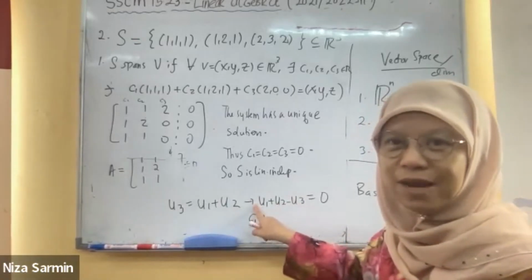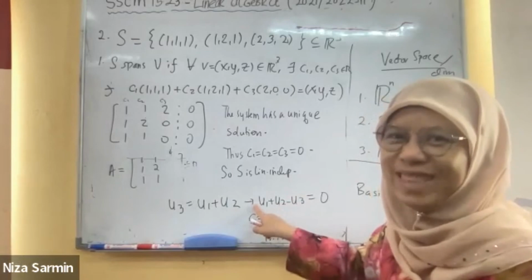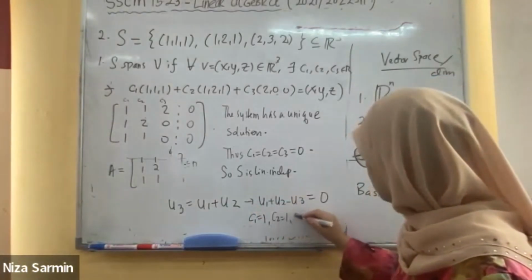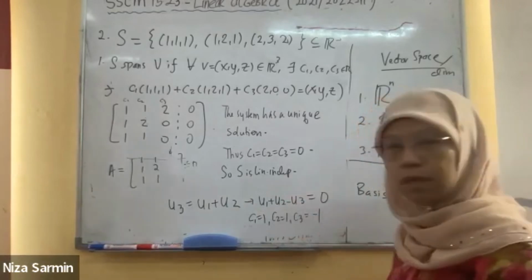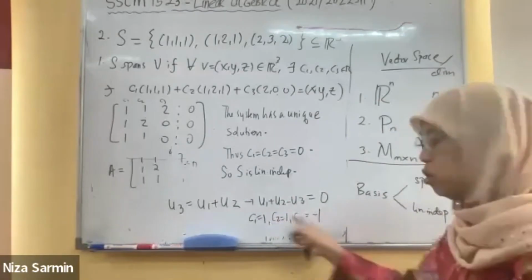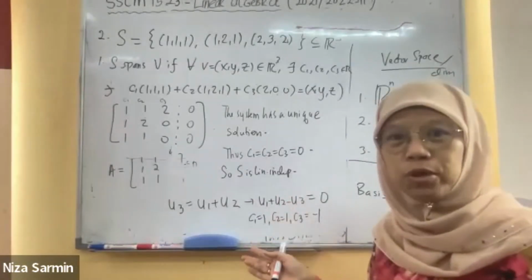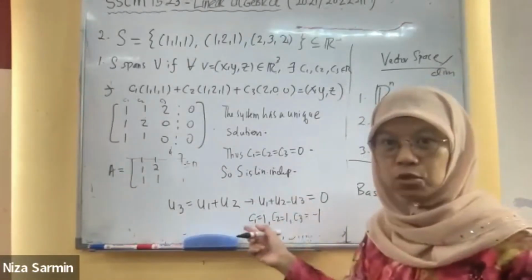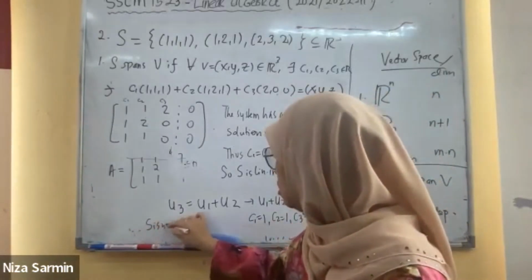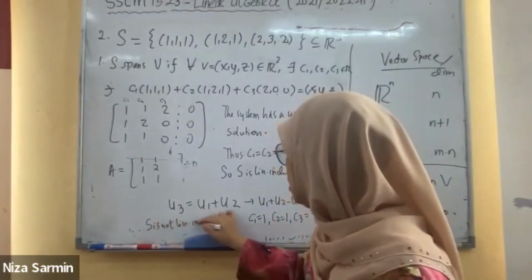But it's actually 1 times kan? C2 is 1, C3 is negative 1. Right? It's equal to 0. But this is not all 0. Memang tak semua 0 pun. So from here, you can say S is not linearly independent.